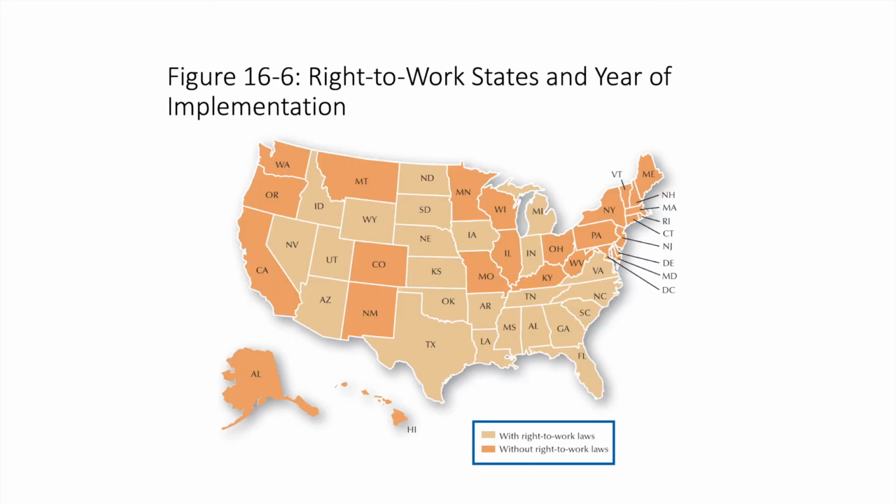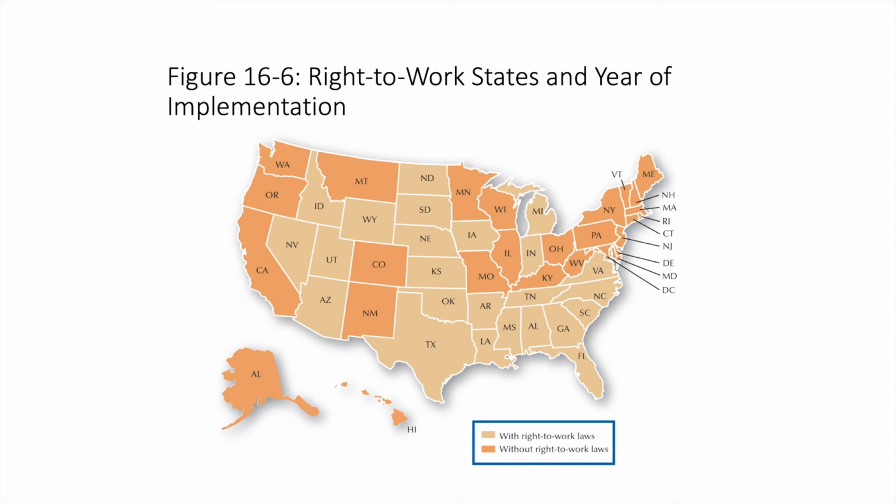Now figure 16.6 just gives you a visual of the states that are right to work states. Neither Tennessee or Mississippi or the South have a right to work law or caveat.